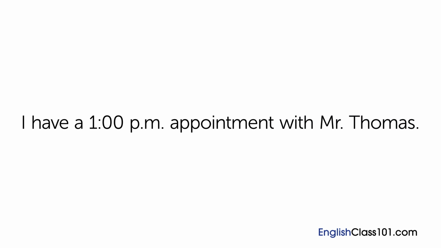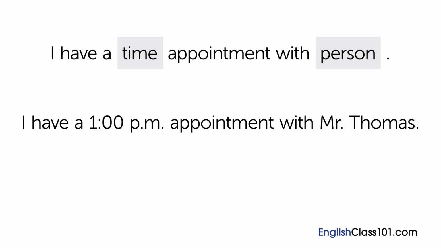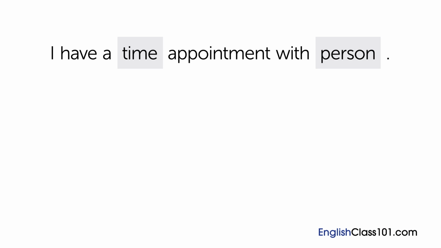Together, it's I have a 1 p.m. appointment with Mr. Thomas. You can use this structure to explain the details anytime you have an appointment. The structure is, I have a, time, appointment with, person.